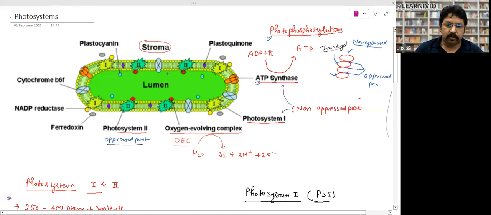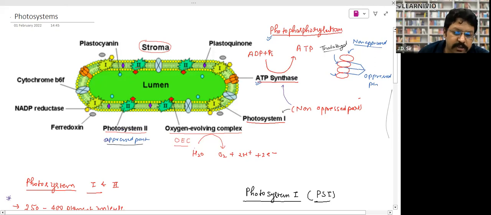Look, now this is a single thylakoid. This is the lumen of the thylakoid. These are the appressed parts, right? These appressed parts contain photosystem second.